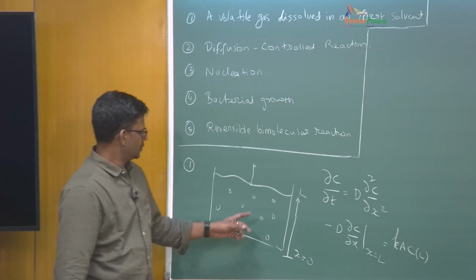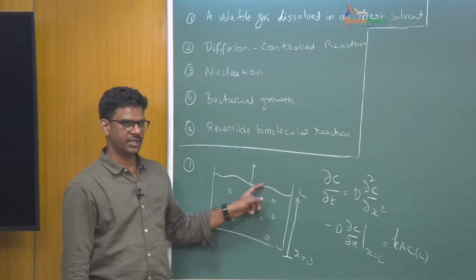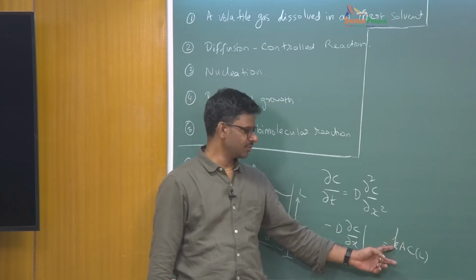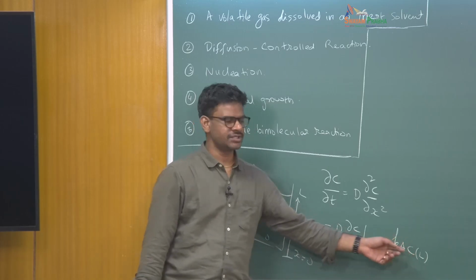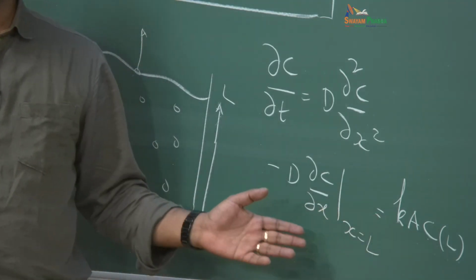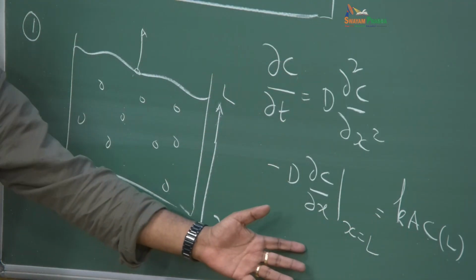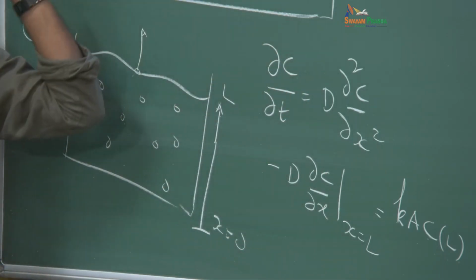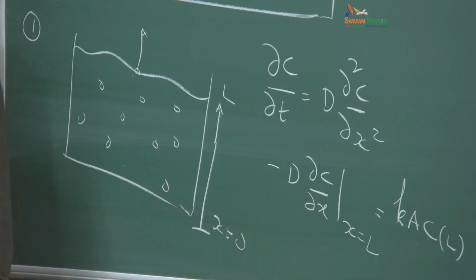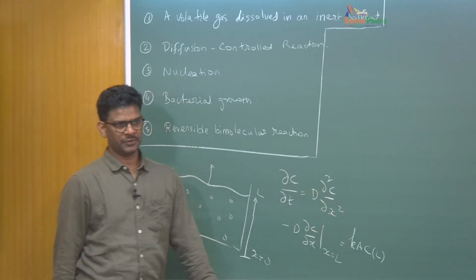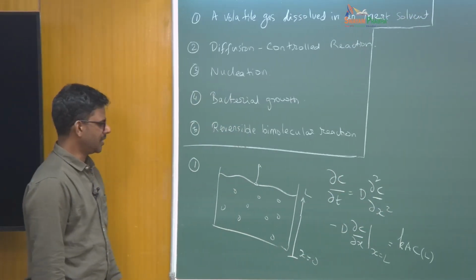So the diffusion at this boundary is going to be equal to the mass transfer rate due to evaporation, mass transfer coefficient times area times the concentration at L. So you have a governing equation, a boundary condition, and you can also supply the initial condition. This is how you would solve this problem from a deterministic point of view. Now what we want to do is the same problem, but from a stochastic point of view, using a chemical master equation.